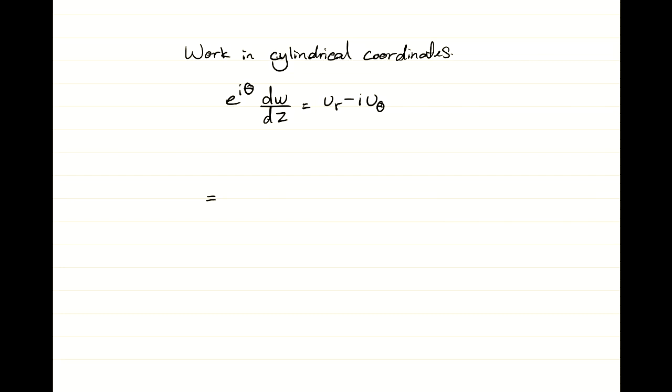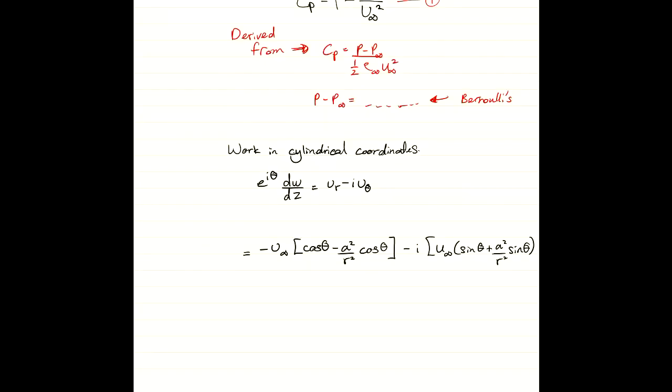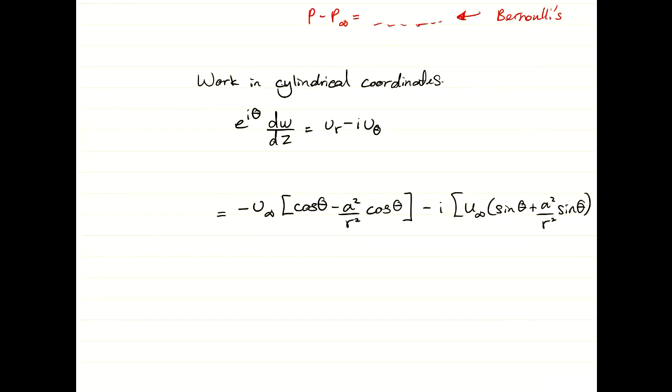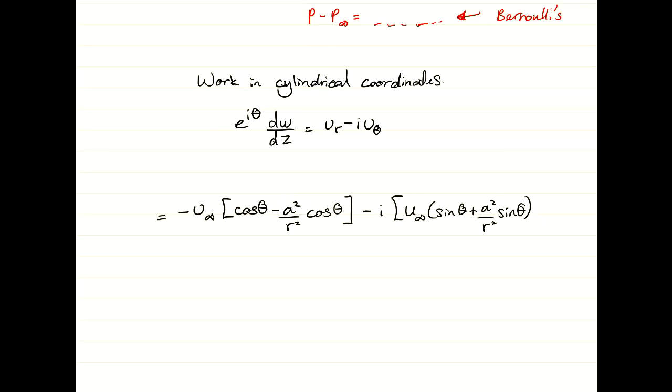And you get negative u infinity cos theta minus a squared over r squared cos theta, minus i u infinity sine theta plus a squared over r squared sine theta, plus gamma over 2 pi r.